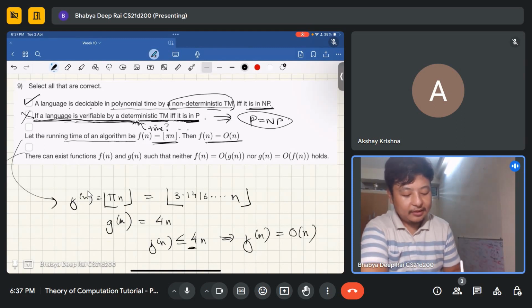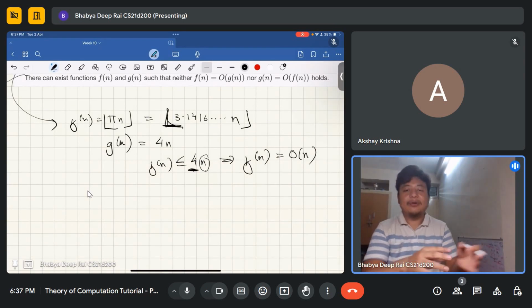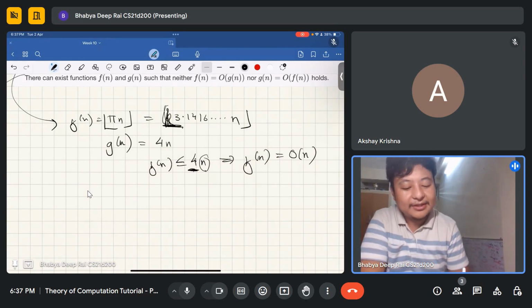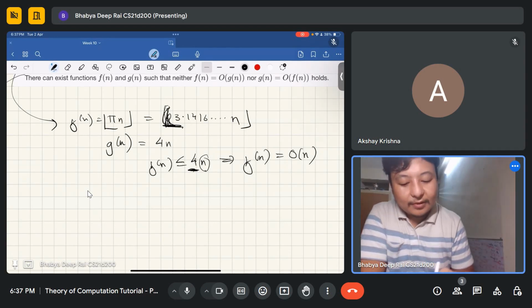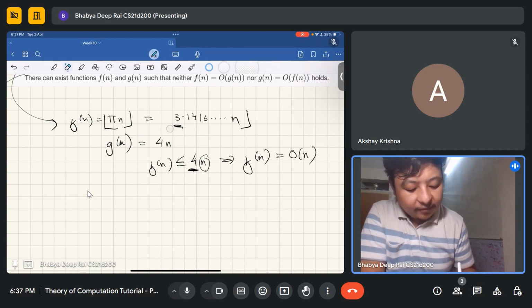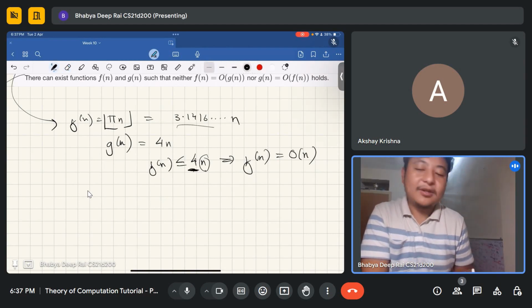The function is n, and this is the constant. It is bounded by some upper bounded constant. Even if the floor was not there, the answer would still be the same, because 3.1416 is still bounded by 4.